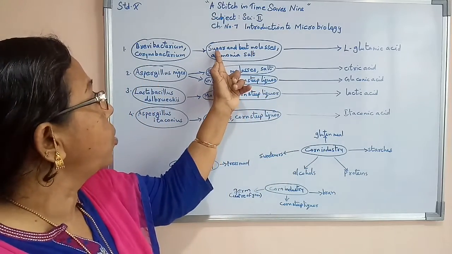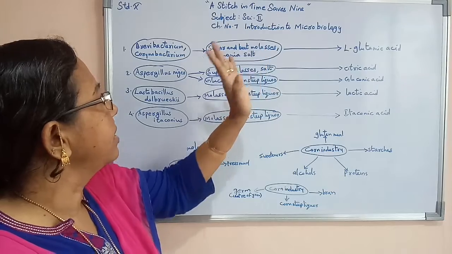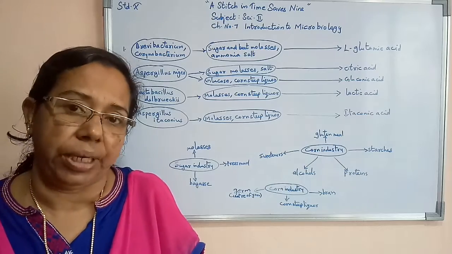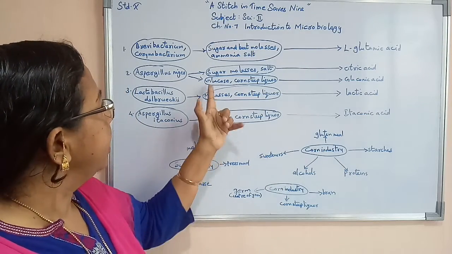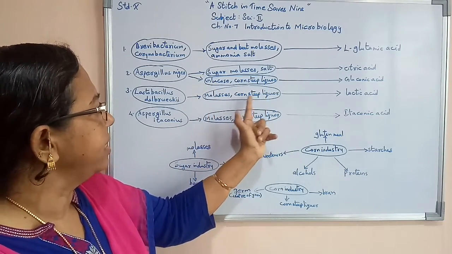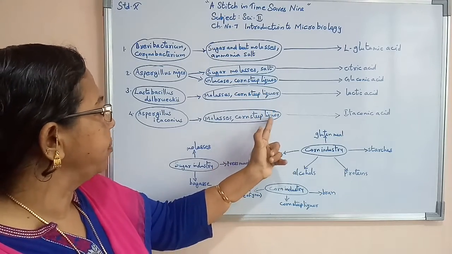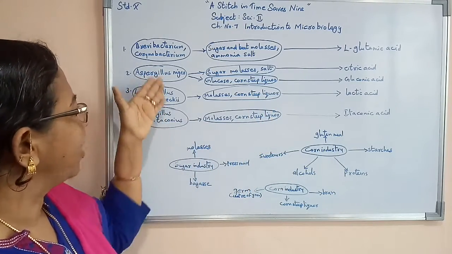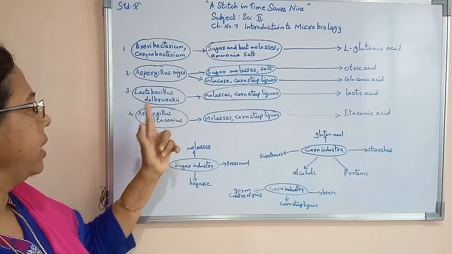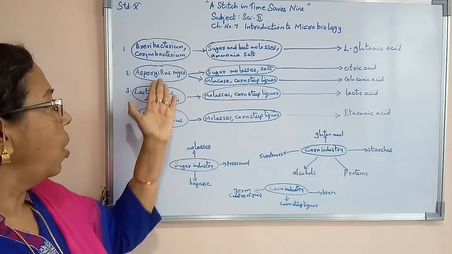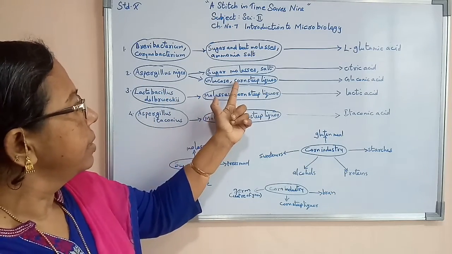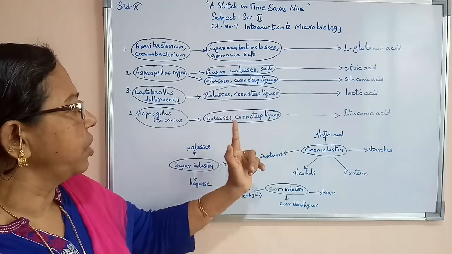Now here we studied sugar molasses, sugar beet molasses and ammonium salt, in which Brevibacterium as well as Corynebacterium grow. Now in corn steep liquor as well as glucose, different types of microbes are growing: Aspergillus niger, Lactobacillus delbrueckii, and Aspergillus itaconicus.